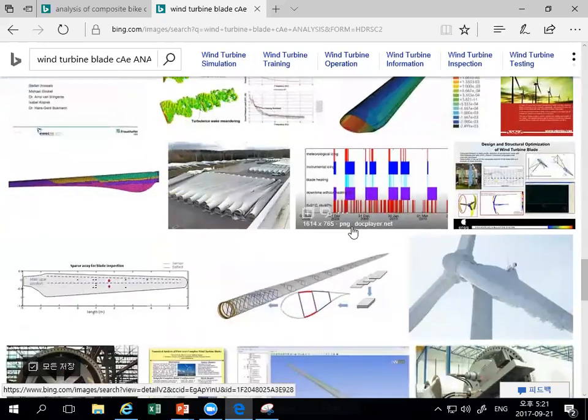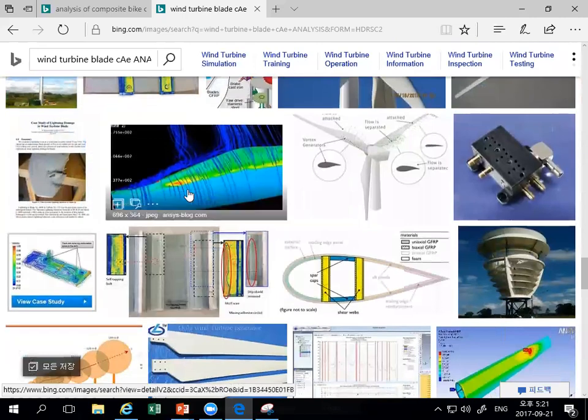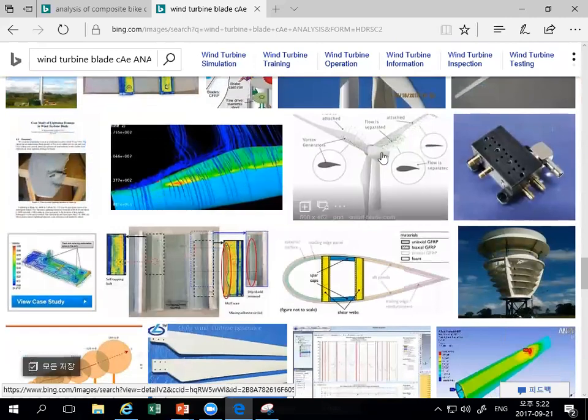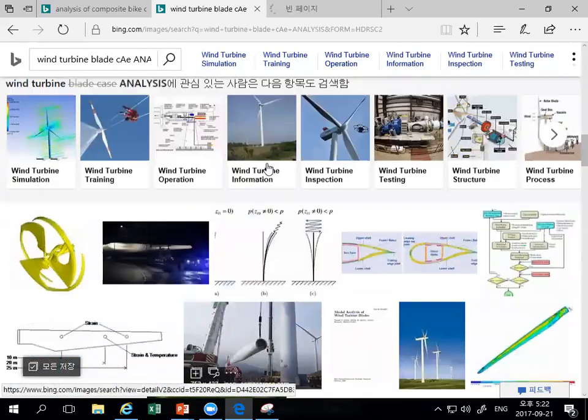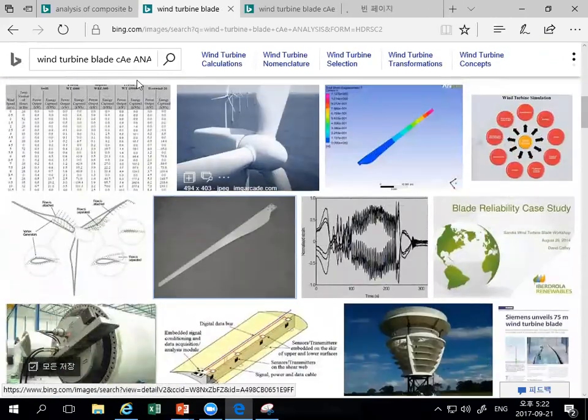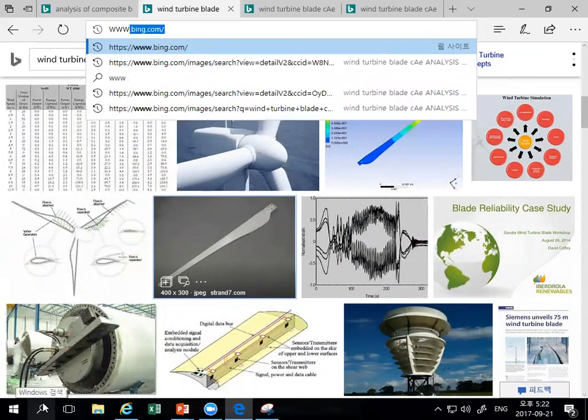You know the wind turbine blade, and you can see all the colors and different members, and it shows all the stresses. And so this is how we design.